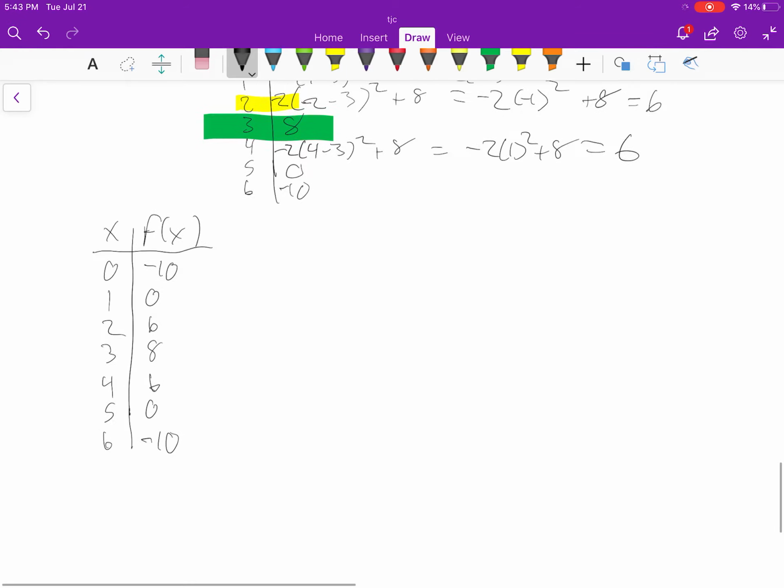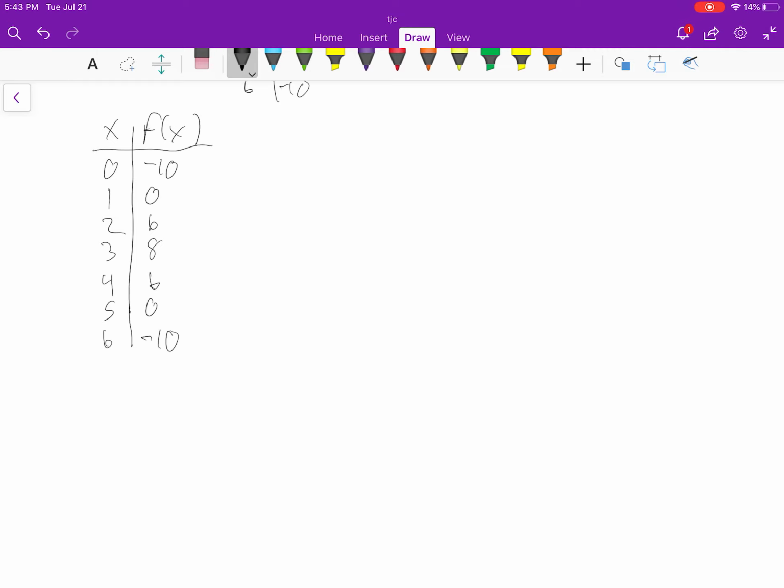Now we can go ahead and graph it, now that I have my t-chart.